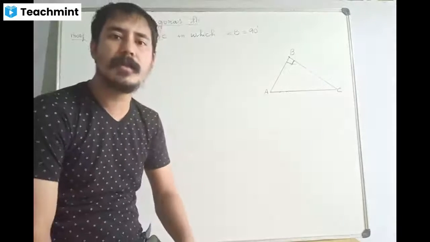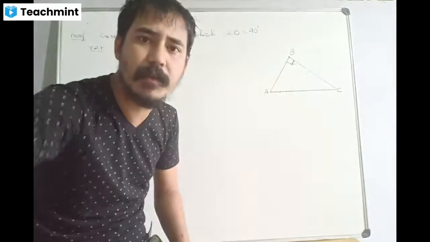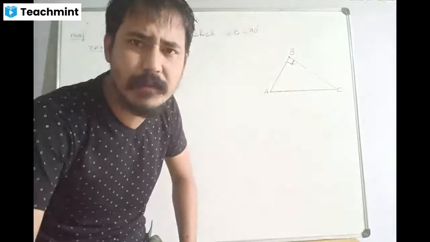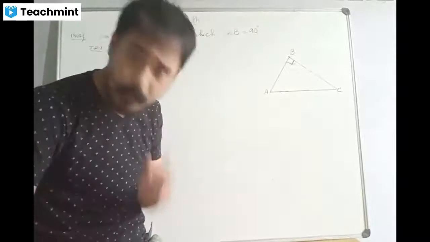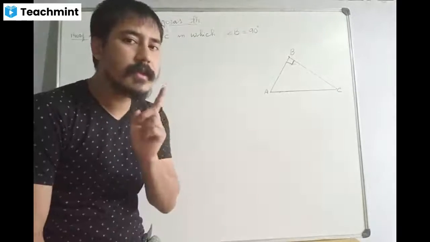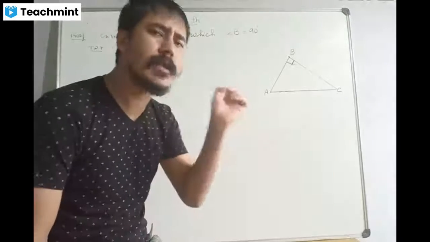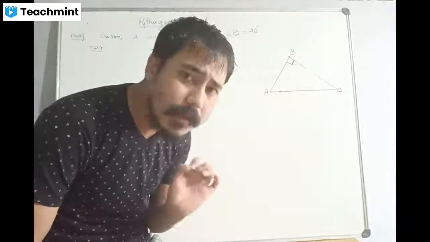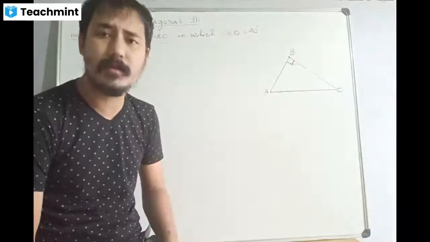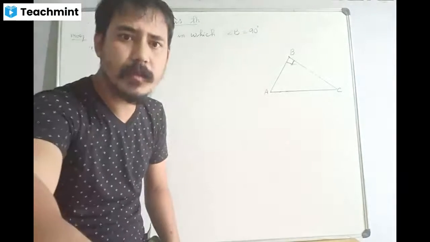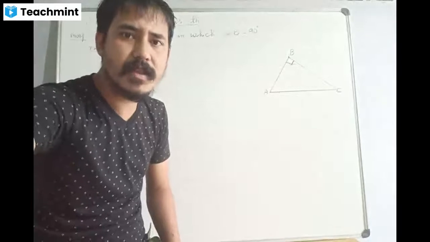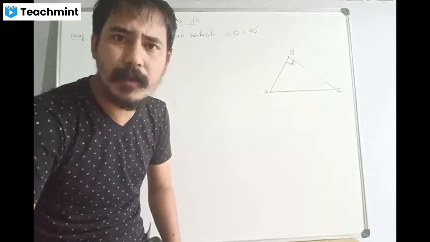Some students, you are having so much difficulty identifying the hypotenuse. I told you the side which is opposite to your 90-degree angle is your hypotenuse. So which one is that?